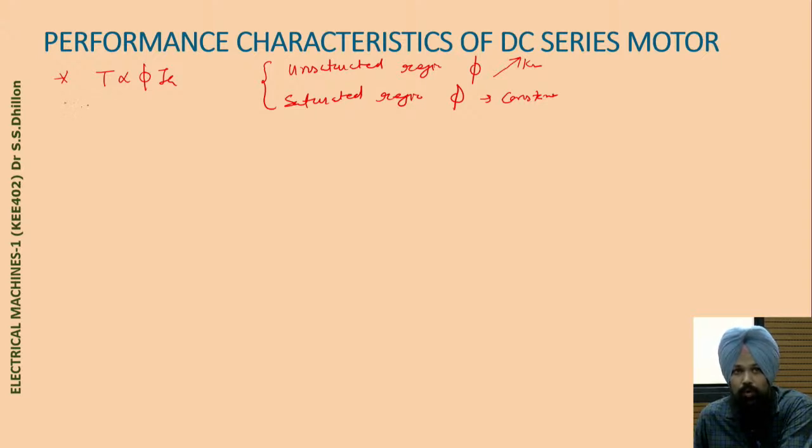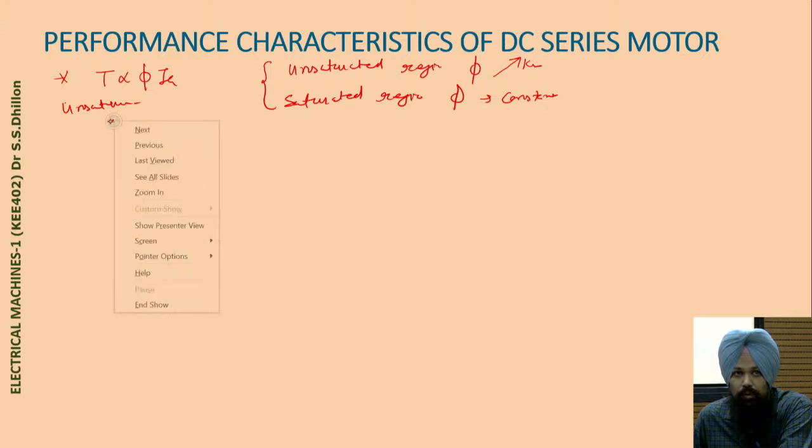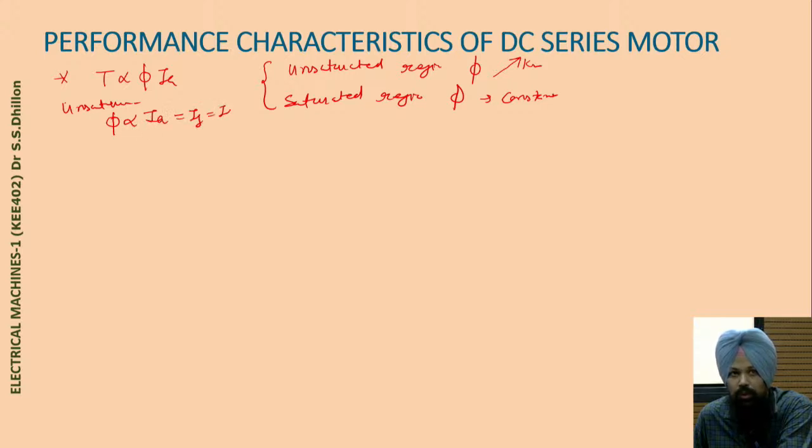If we talk about the unsaturated region, our flux totally depends upon the armature current, or you can say field current, or load current. Then torque is directly proportional to Ia square.